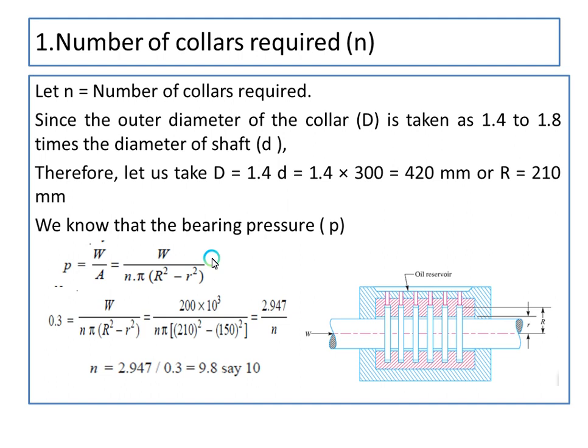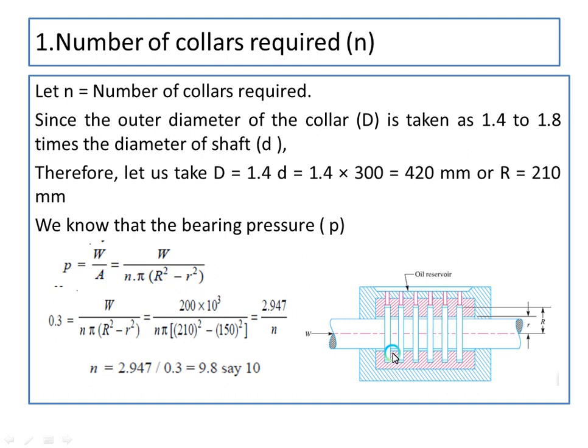Since he has asked to calculate the number of collars, and the collars have similar areas, I have multiplied the area, which is pi into capital D minus small d, or since he has measured in terms of radius, I will take pi into r square, the radius of the collar, minus the radius square of the shaft, where you can get the area of one collar.